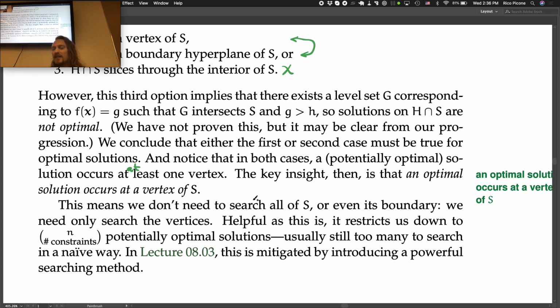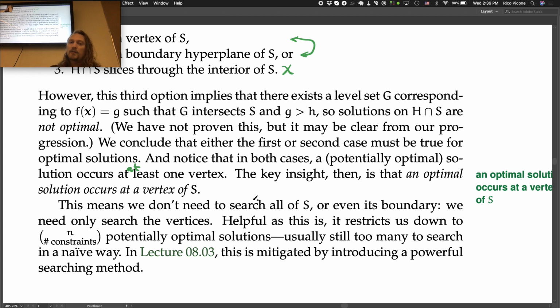Helpful as this is, it restricts us down to n choose the number of constraints potentially optimal solutions. Usually still too many to search in a naive way. Once you have a bunch of constraints and a lot of variables, this becomes intractable to exhaustively search.